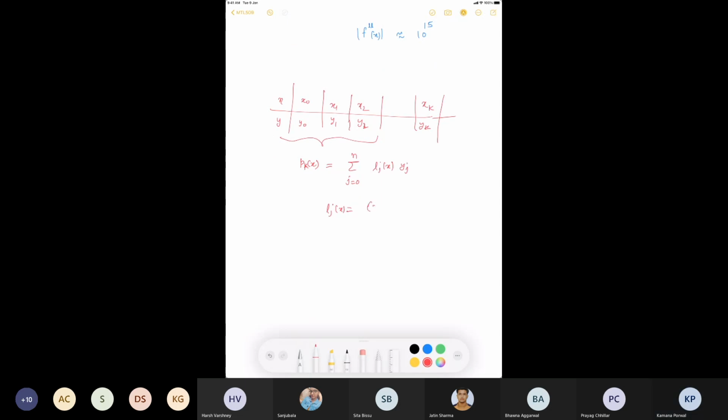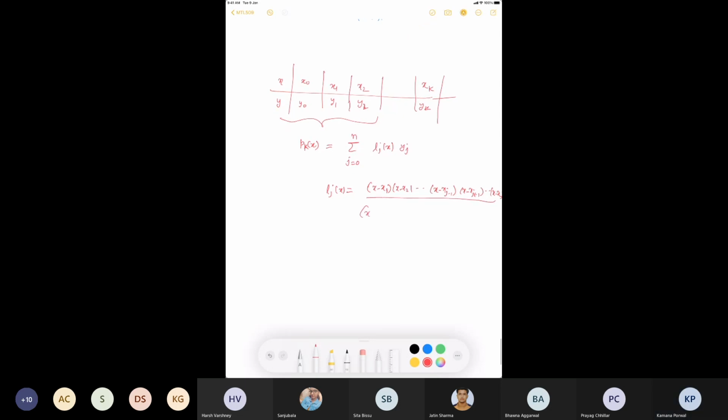These are the product of x minus x1, x minus x2, up to x minus xj minus 1, x minus xj plus 1, up to x minus xn, divided by xj minus x1, up to xj minus xj minus 1, and the next term will be xj minus xj plus 1, up to xj minus xn. Right? So suppose we have been given this set of data points and I have determined my pk of x.